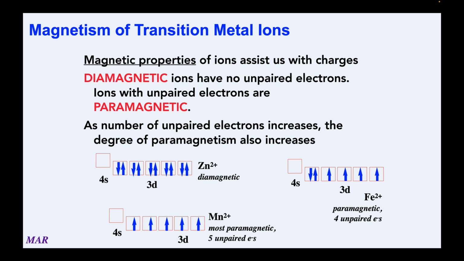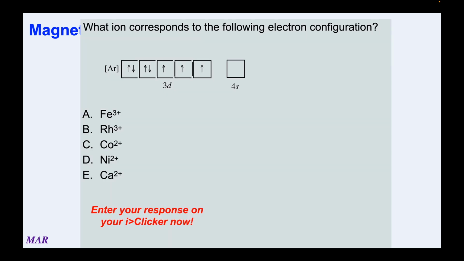But most of the transition metals will be paramagnetic when they're ionic. You can see that some of them have more unpaired electrons than others. Again, more unpaired electrons means more paramagnetic, and fewer unpaired electrons means less paramagnetic. So manganese 2 plus would be more paramagnetic with 5 unpaired electrons than iron plus 2 with only 4 unpaired electrons. So here's a question you might see.